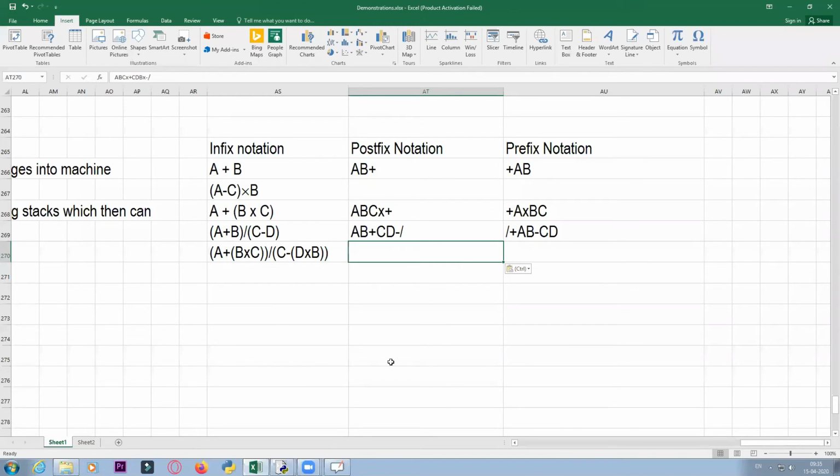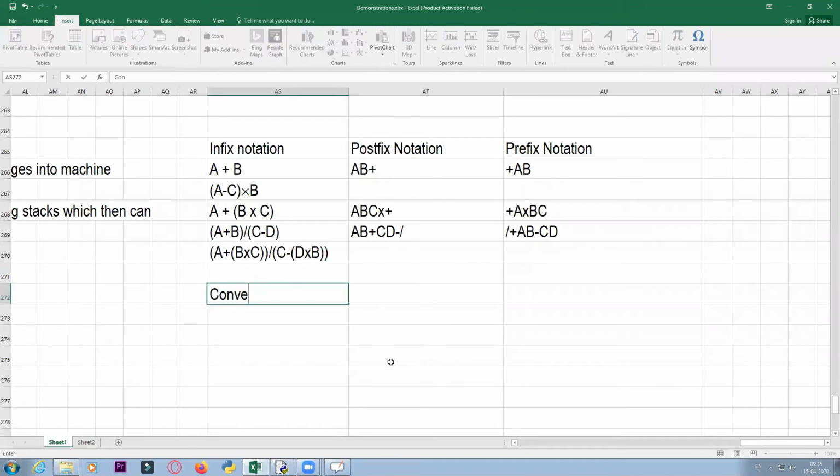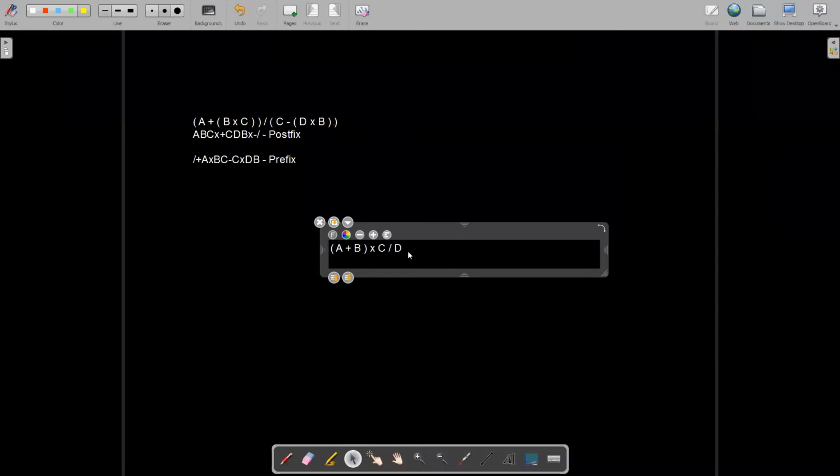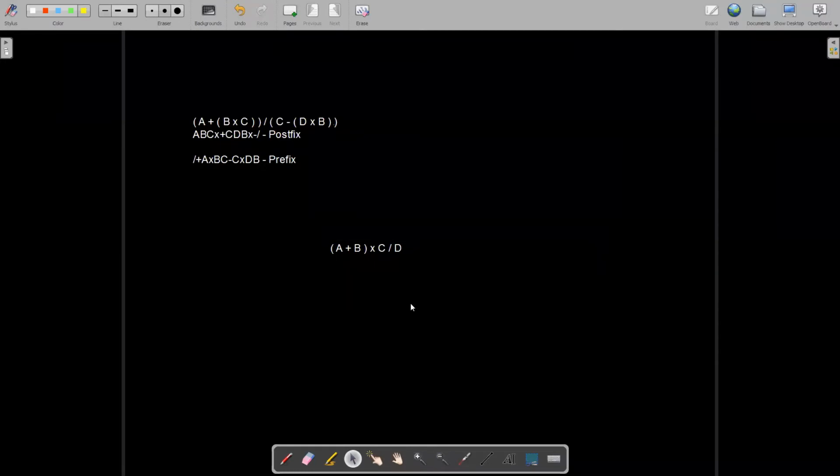I'm giving you one question. Convert this expression a plus b into c divided by d into postfix notation. You can see on the screen what is the first one you will be solving. Obviously you will be solving the bracket first.